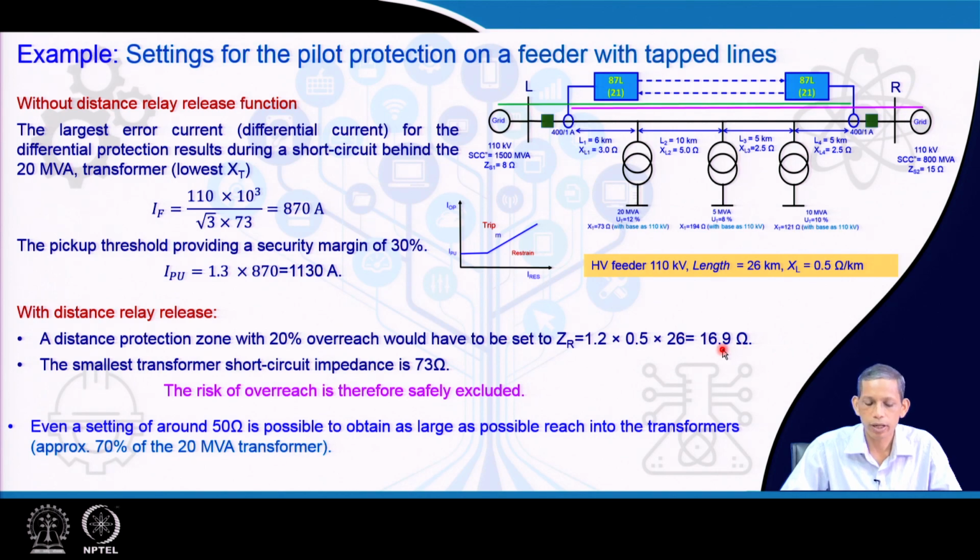But this 16.9 ohm is still much smaller than the 73 ohm, the impedance of this transformer referred to the 110 kV side. Therefore, a fault beyond the transformer will never be seen by the relay; they will see only this line. Even if you take a higher value than 16.9, absolutely no problem.